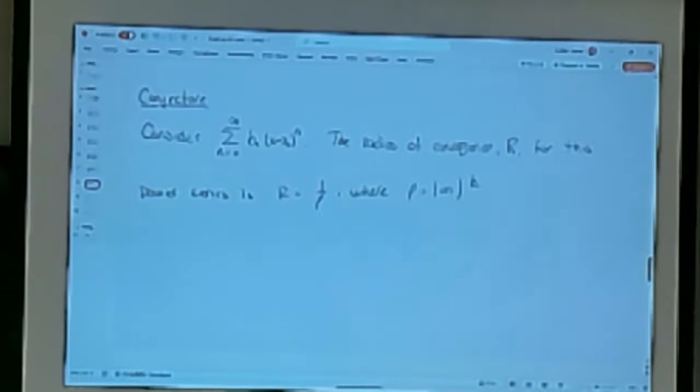And we conjecture that the radius of convergence is just 1 over rho, where rho is the limit of the absolute value of the ratio of terms. Right, so this would be a conjecture.